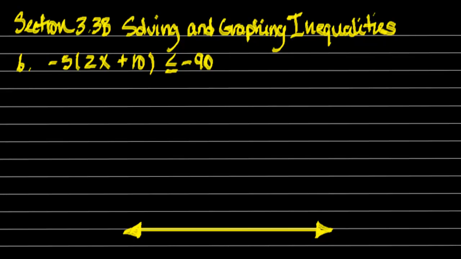So let's go ahead and do our distributive property. A negative 5 times 2 is a negative 10x. And negative 5 times the 10 is a negative 50. So negative 10x minus 50 is less than or equal to a negative 90.